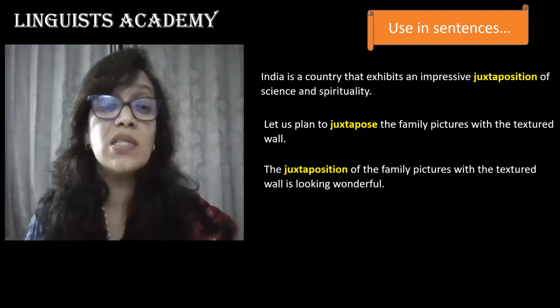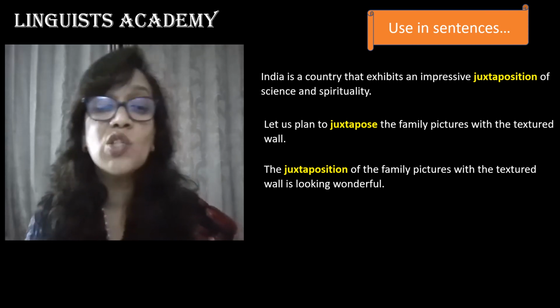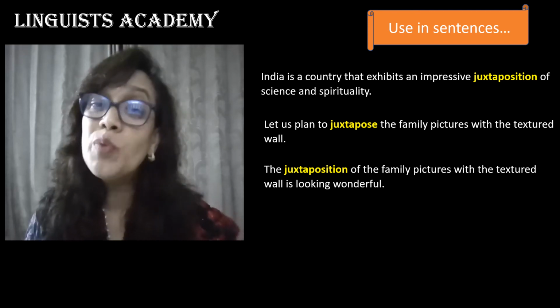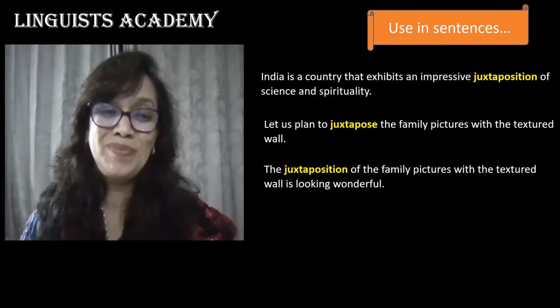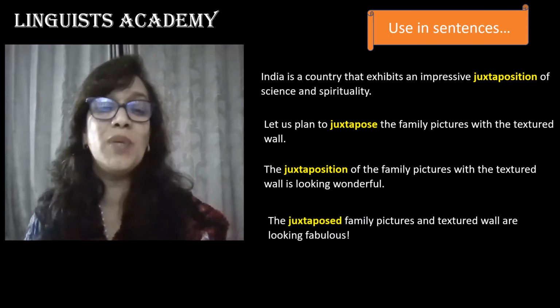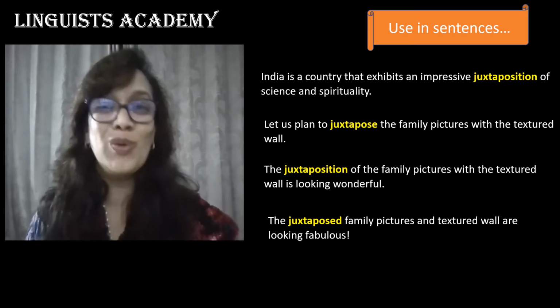See the next sentence. The juxtaposition of the family pictures with the textured wall is looking wonderful. Here juxtaposition is the noun form of this word. The juxtaposed family pictures and textured wall are looking fabulous.